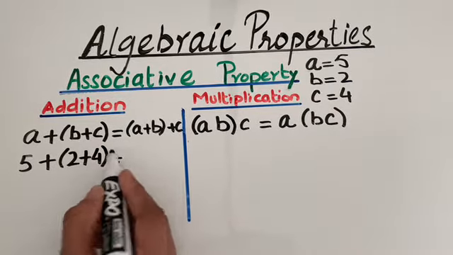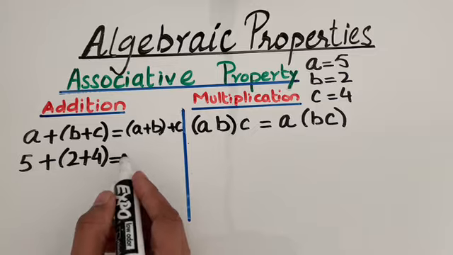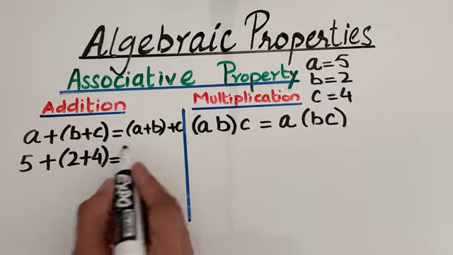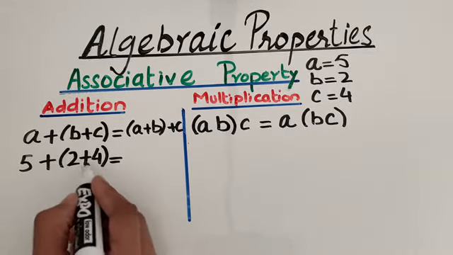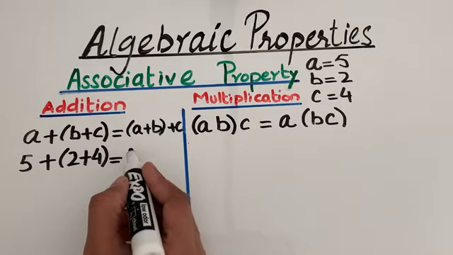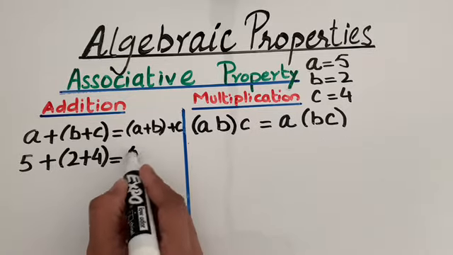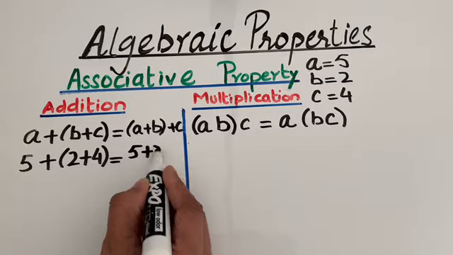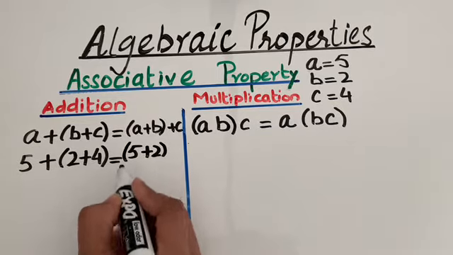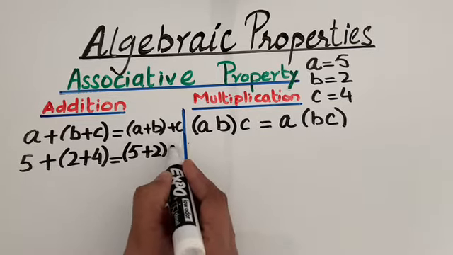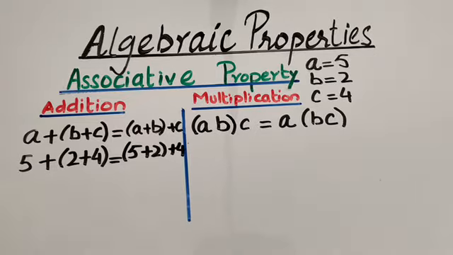Now I'm going to write the other side of the equation, which says 5 plus the quantity of 2 plus 4. And here, the quantity of 5 plus 2, plus 4.